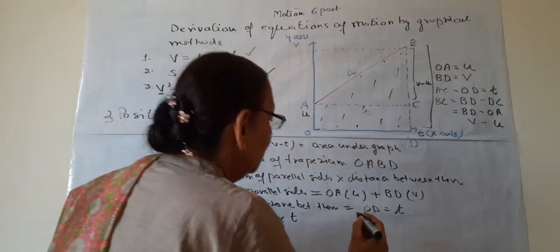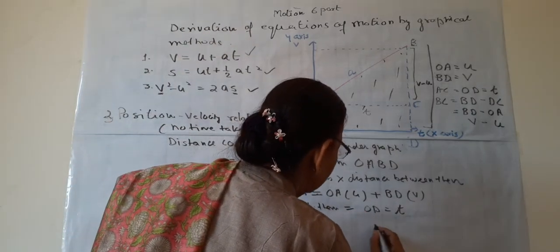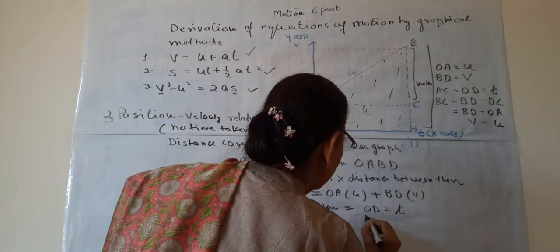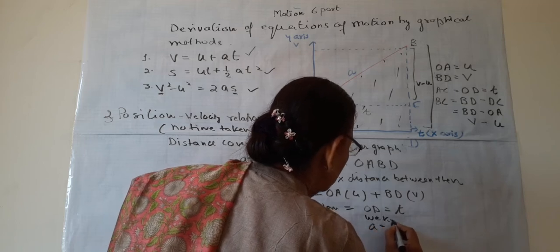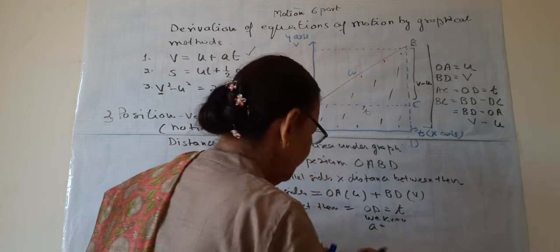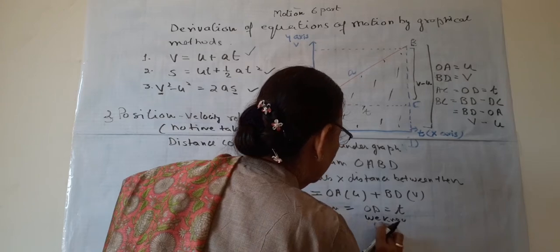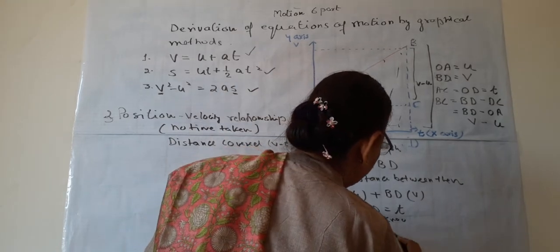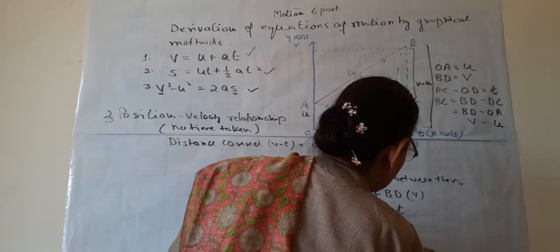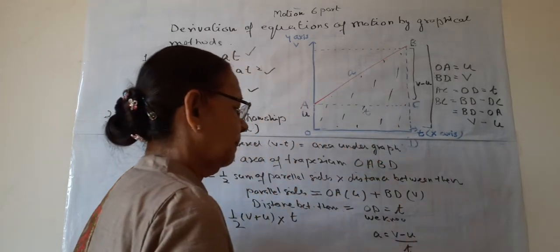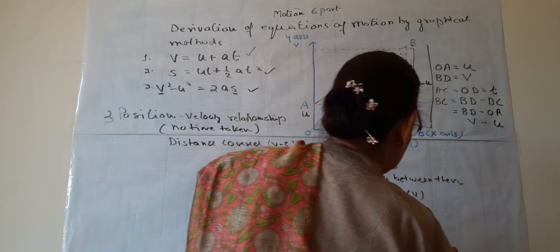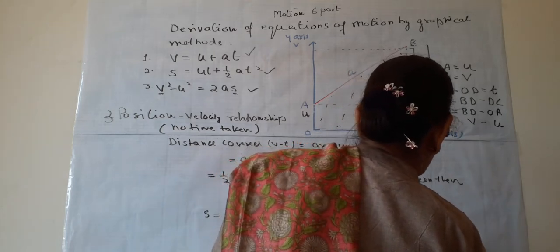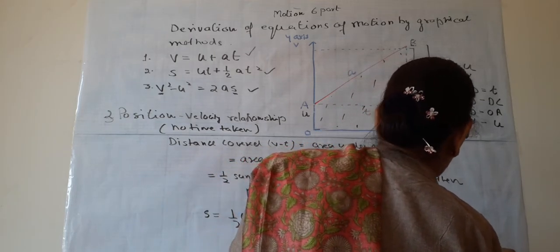How? Again, using the same formula of acceleration. We know a is equal to the rate of change in velocity. So by this we can say at is equal to v minus u.